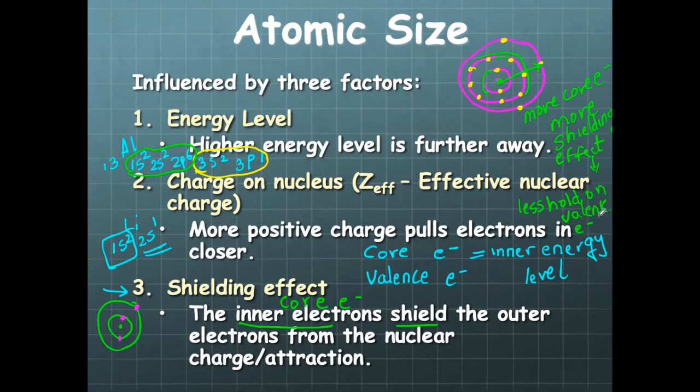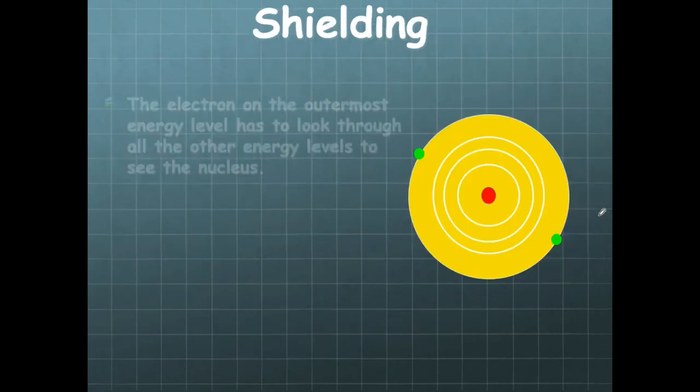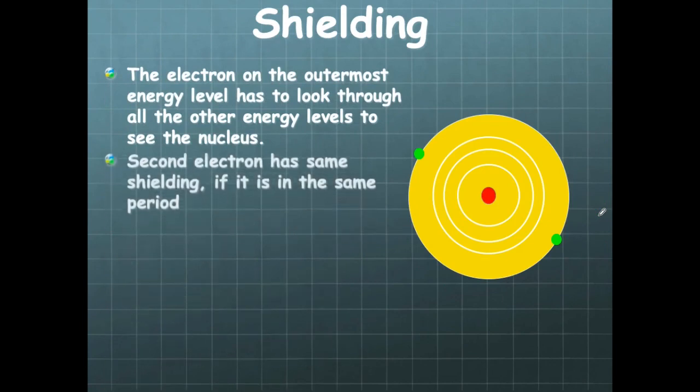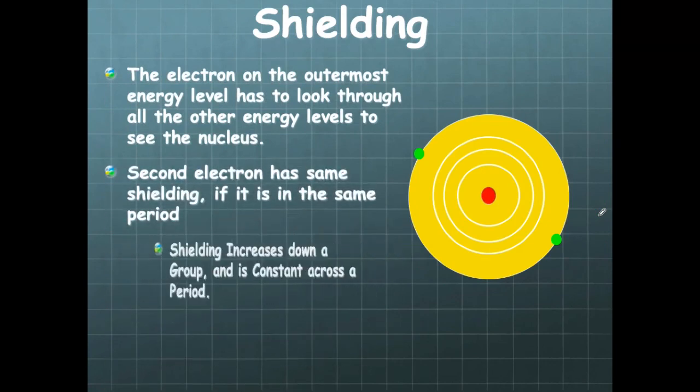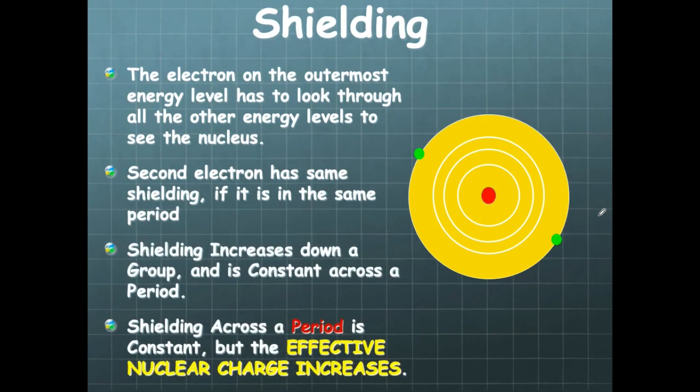Okay, so those are the three factors that affect the size of an atom: energy level, the charge on the nucleus, and the shielding effect. Okay, so let's look at this shielding effect again.